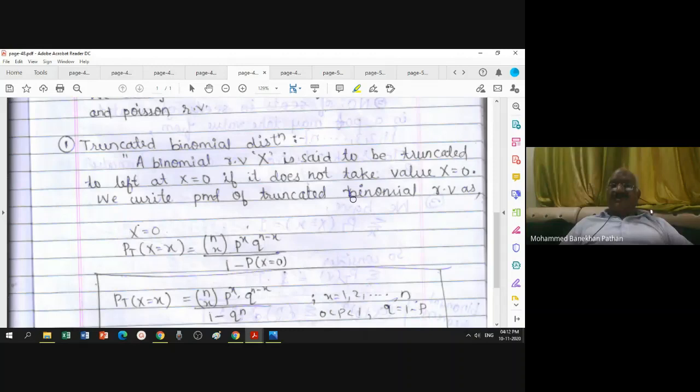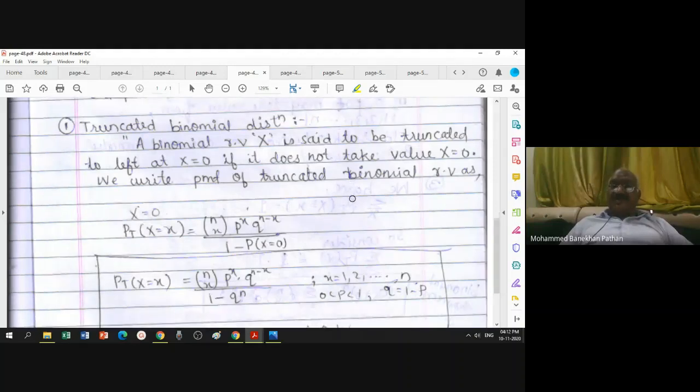What is the example? A very simple example. Suppose I want to study the germination power of seeds. I took 10 seeds and put them in a pot. I will pour water for 15 days and then I will count how many seeds are germinated.